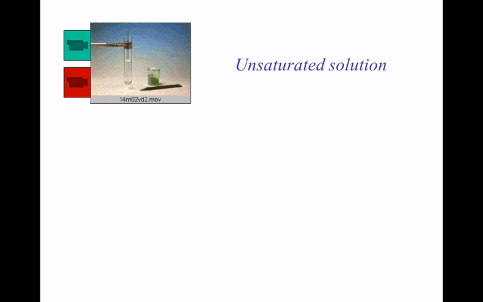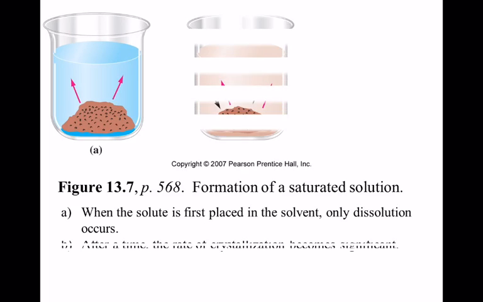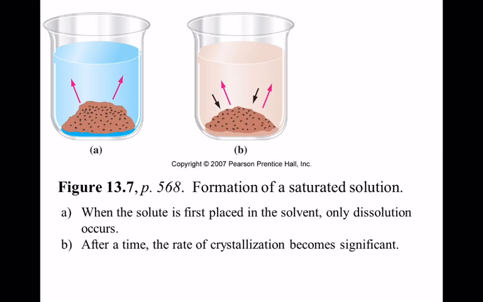Okay. So we're going to look at some movies, unsaturated. Yay. Here's the deal. This is the sludge at the bottom. Now from left to right, think of time going on. When you first add your solid solute, it starts a dissolving process. Then notice the length of the arrow is important.